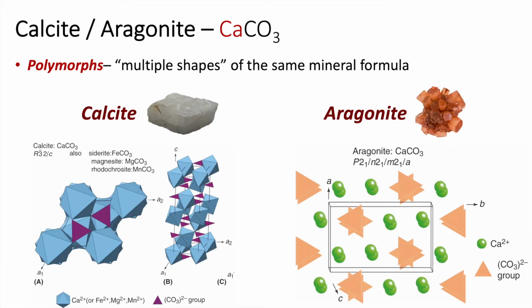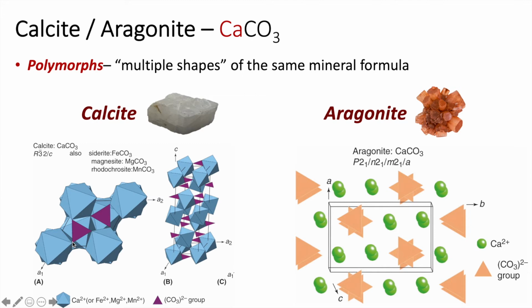And so here I'm showing those crystal structures of the calcite versus the aragonite. On the left here, what we're seeing in purple are these CO3 2- anionic groups. So recall, based on Pauling's rules, these end up in a triangular arrangement.